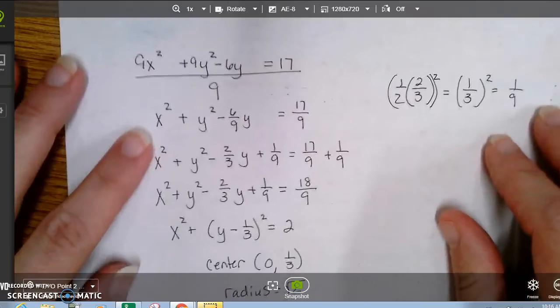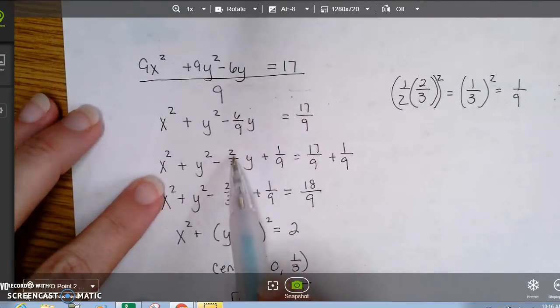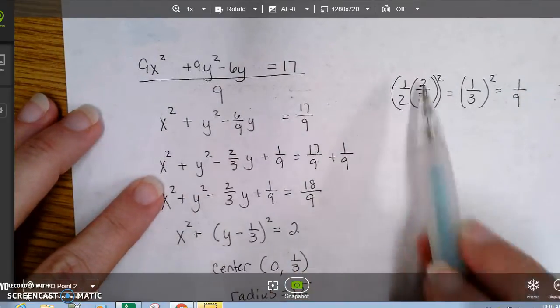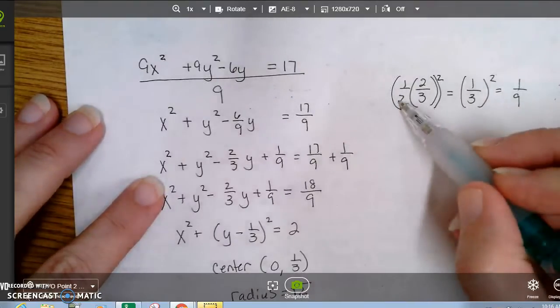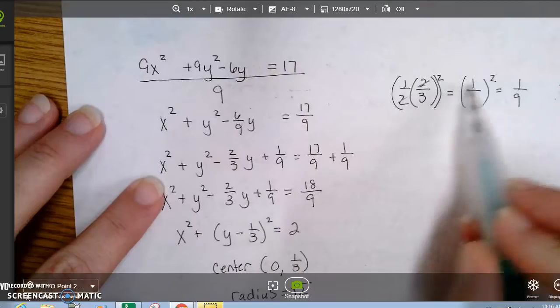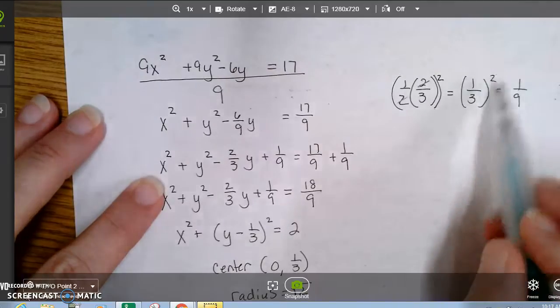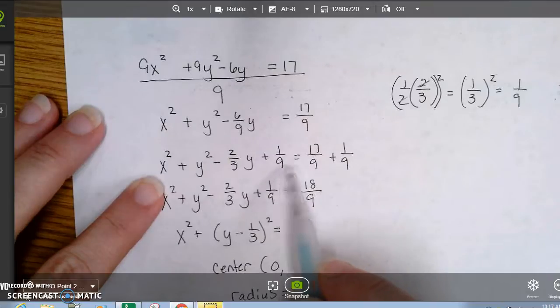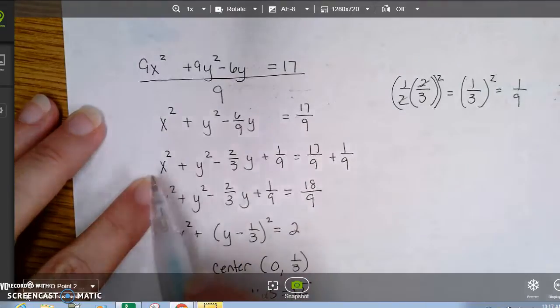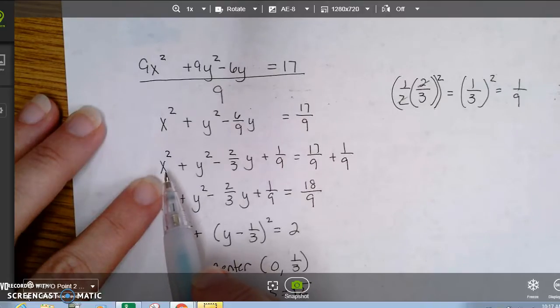Alright, so I did reduce it a little bit, so 6/9 becomes 2/3. So half of 2/3, basically the 2's end up canceling out, and we end up with 1/3 squared, which is 1/9. So I add 1/9 to both sides. Now on the x, there is no second term, so I don't have to worry about completing it.